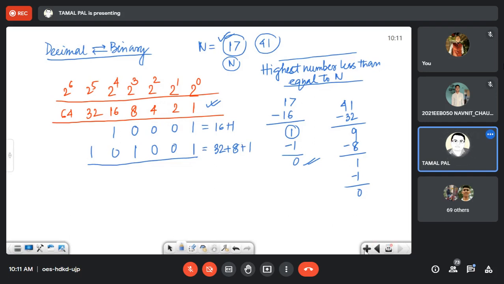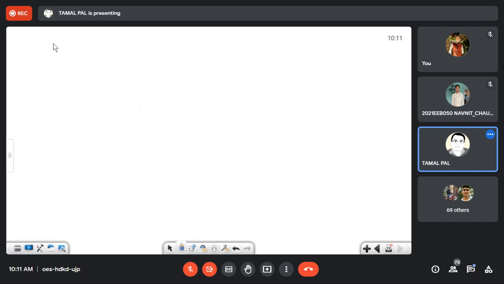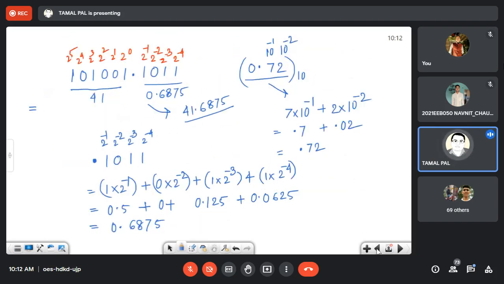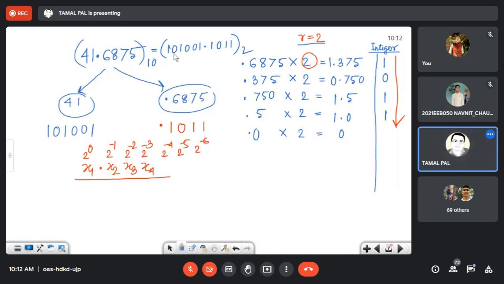Now, binary to octal directly, without using decimal as an intermediate form. Okay. Binary to octal directly. So let us take one binary number. This is 41.68. What is the binary of 41? 101001.